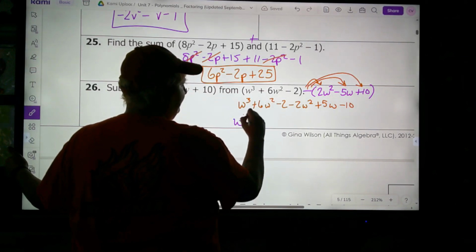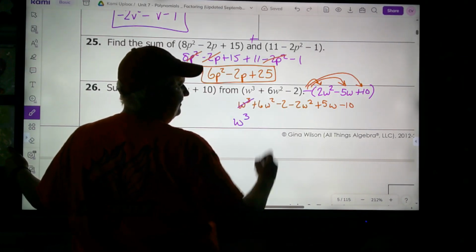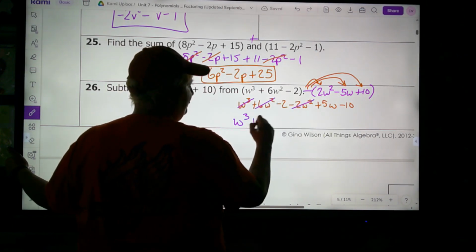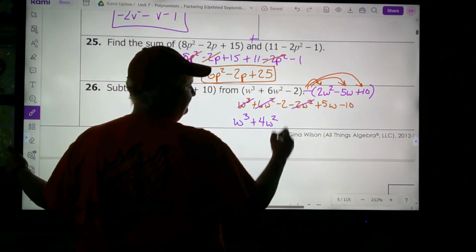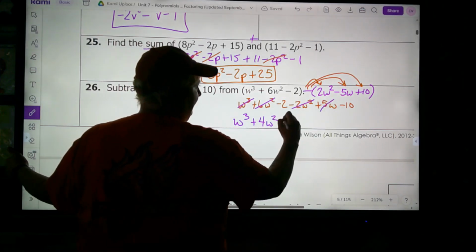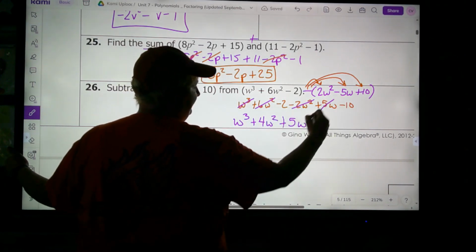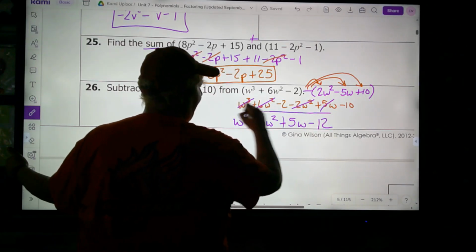W cubed at the front. 6w squared minus 2w squared is 4w squared. 5w over here by itself. Negative 2 plus a negative 10 is a negative 12.